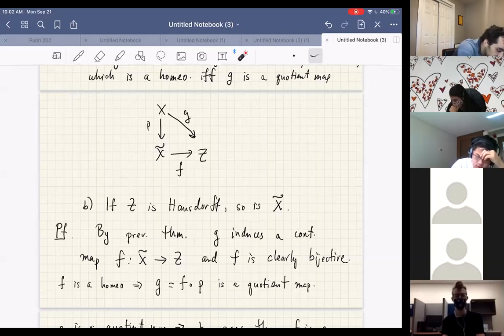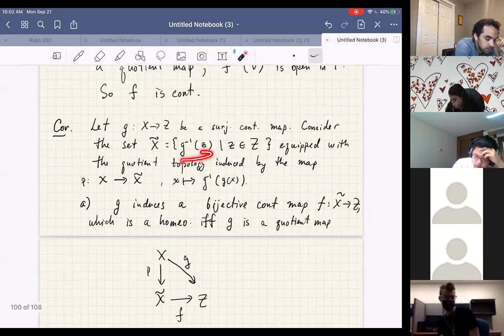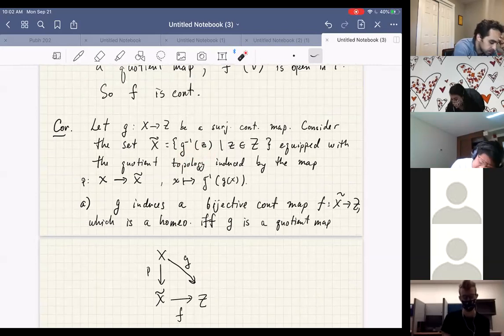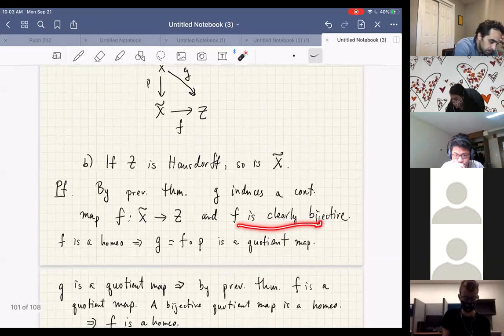The points here are, by definition of X tilde, uniquely given by points in Z, right? So F is clearly bijective. By the previous theorem, it is continuous if G is continuous.